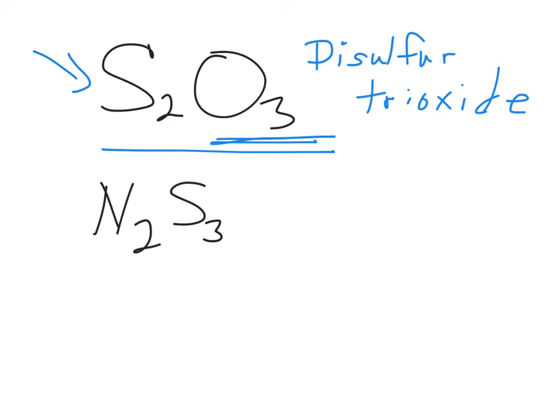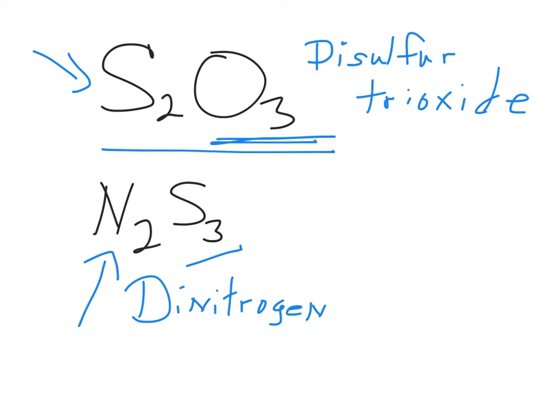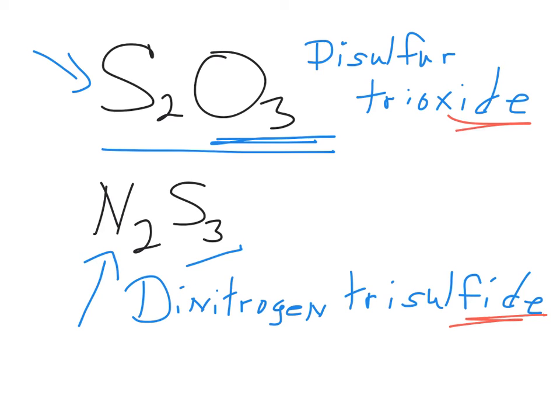Now, name the second one. Dinitrogen. Trisulfur. It's not trisulfur, it's trisulfide. Don't forget that the same rules apply. If you have a binary compound, the ending is always going to be IDE.